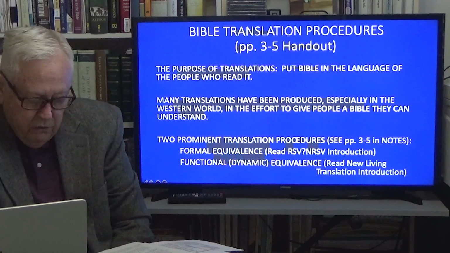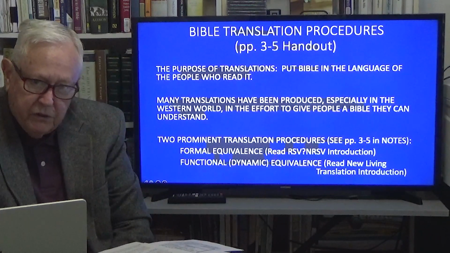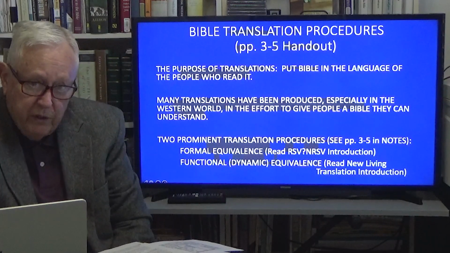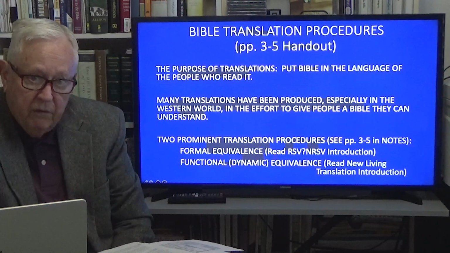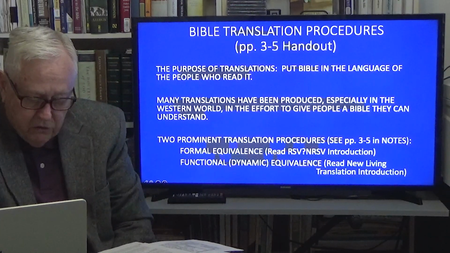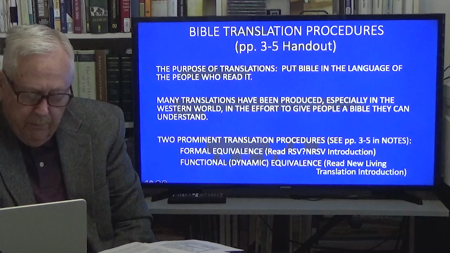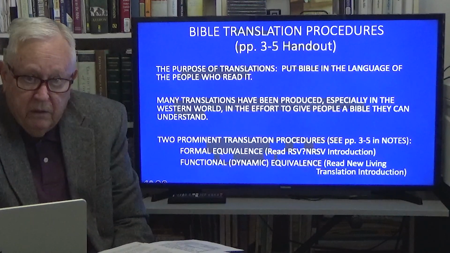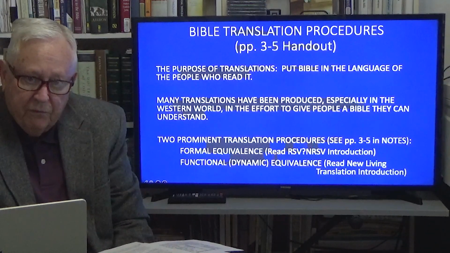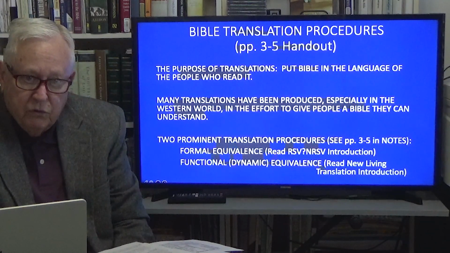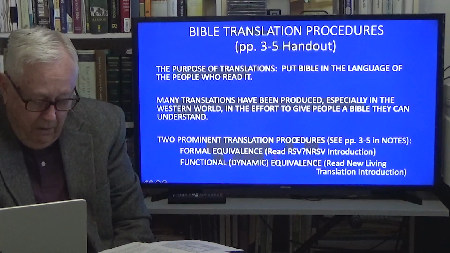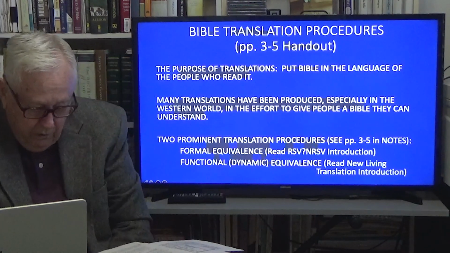The ESV used the 1971 RSV version as its base. It wasn't a new translation, the ESV. It was a redoing of the base of the RSV in 1971. And it's going on from there. But remember, the RSV base was the King James Version. So you see, you're not getting away from the King James if you use a formal equivalent translation, by and large. All right. Now, let's move along a little bit.